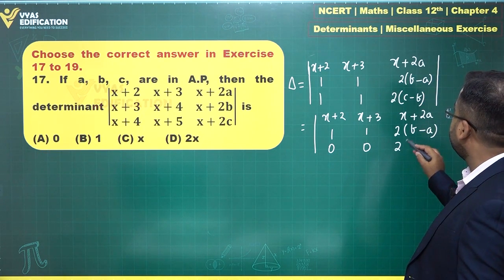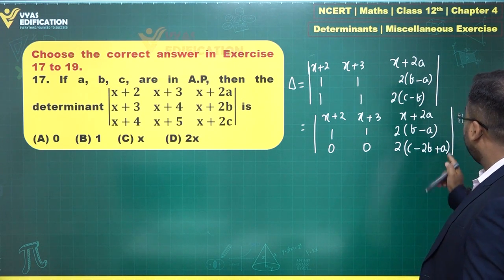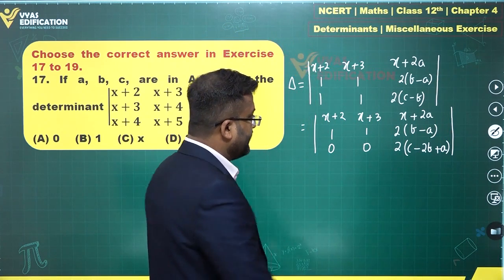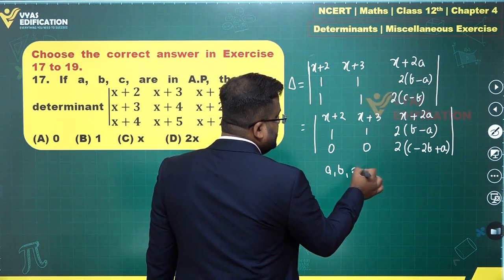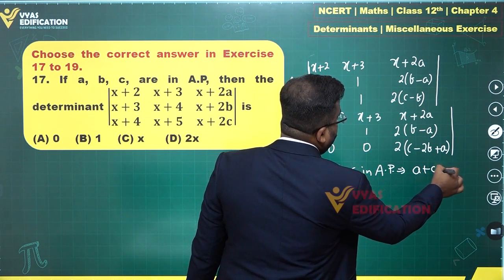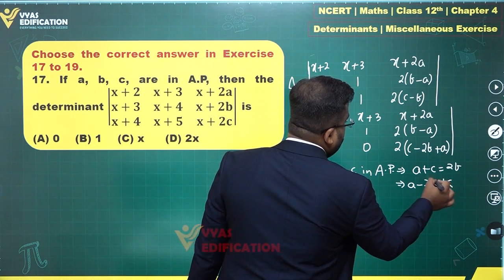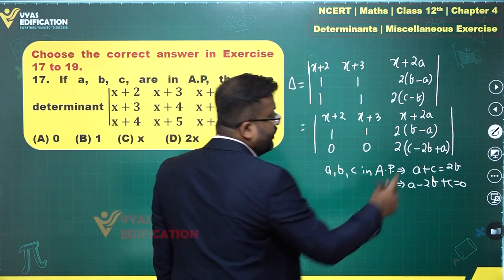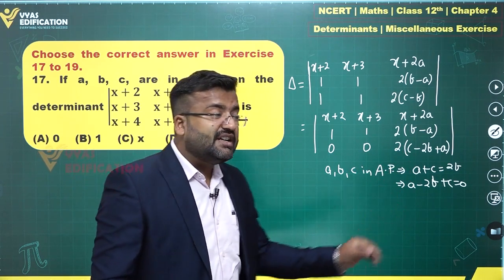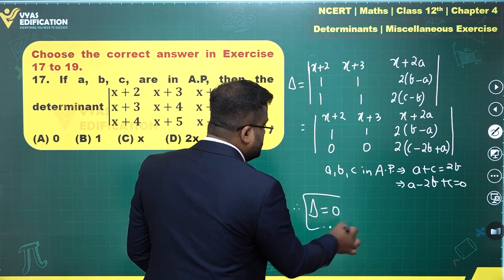This becomes 2 times C minus 2B plus A. Okay. And what is this equal to? Please observe, if A, B, C are in AP, it implies that A plus C will be equal to 2B, or you can say that A minus 2B plus C will be equal to 0. So this is 0. This is 0, this is 0 and this is also 0. All elements in the third row are 0. Therefore, delta is equal to 0.